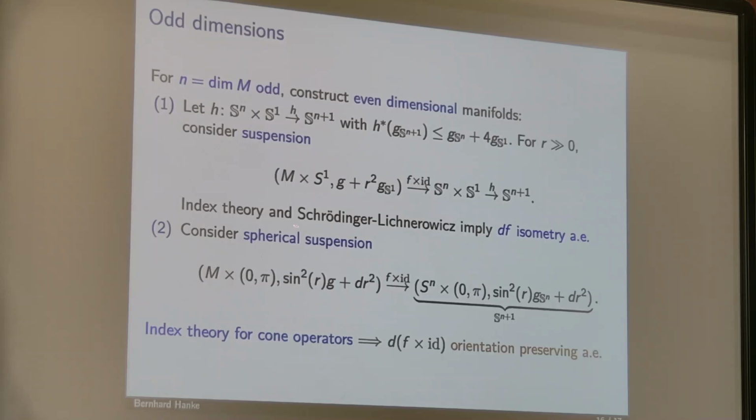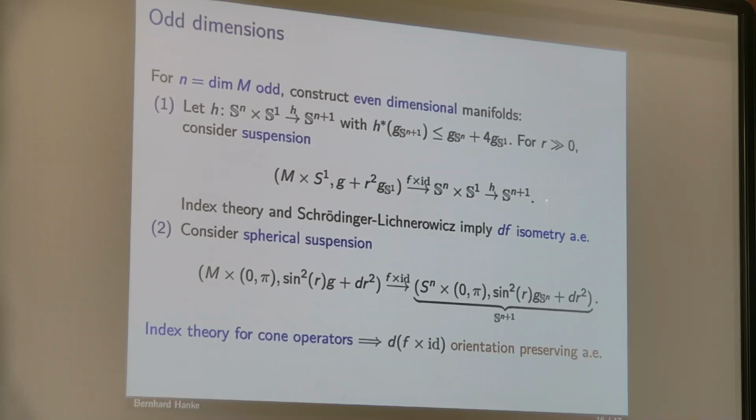And now if you look at the formulas very carefully and you let R go to infinity, this enables you to construct a non-zero spinor field in the twisted spinor bundle over M, the odd-dimensional manifold. So by this bypass, going to an even-dimensional manifold, we can apply the index theory.